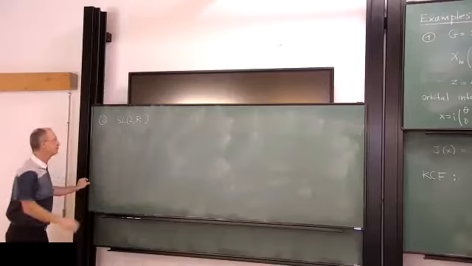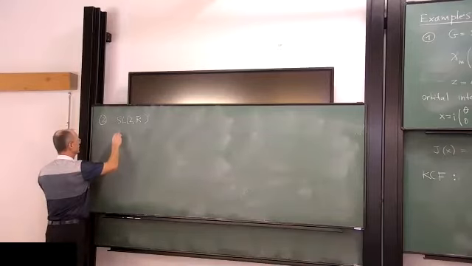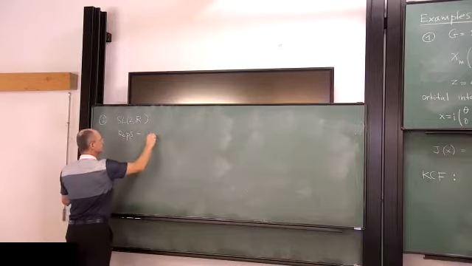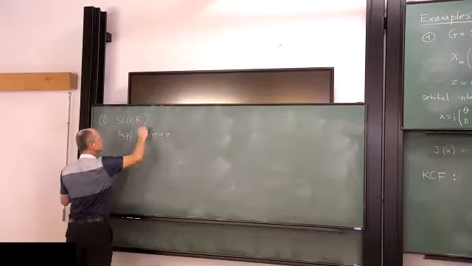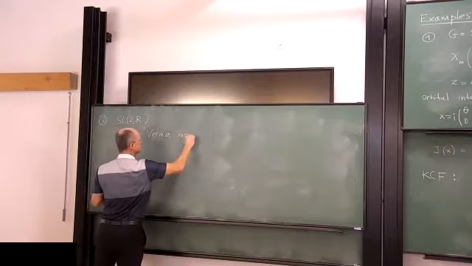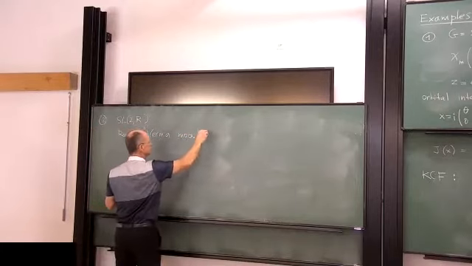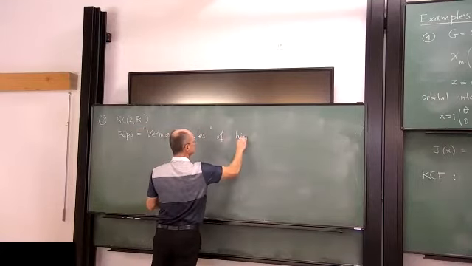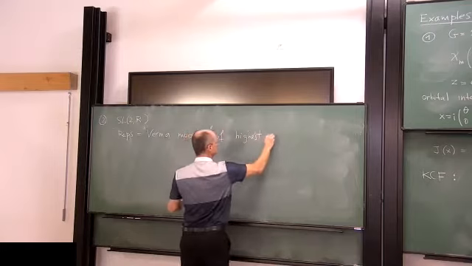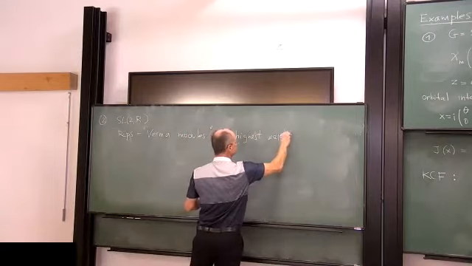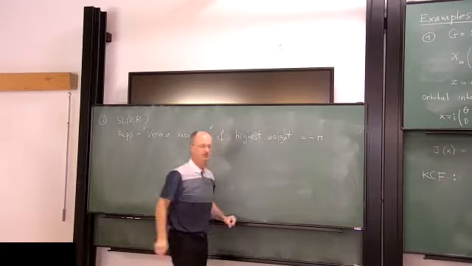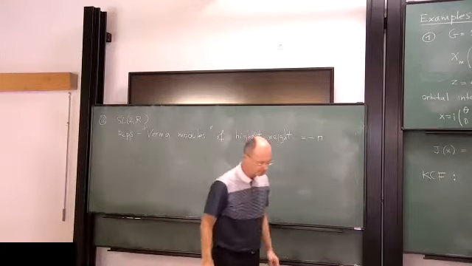The representations that we consider will be so-called Verma modules of highest weight, which is a negative integer. Let me call it minus n.